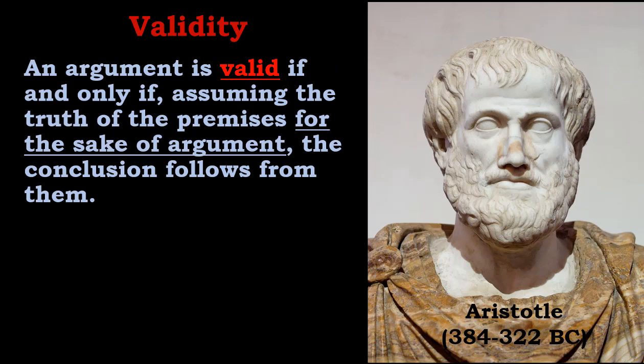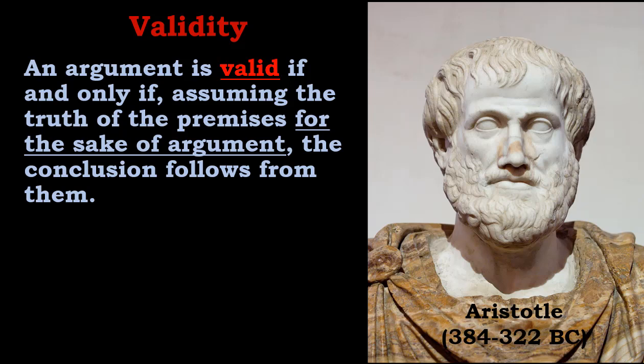And if an argument is both valid and well-grounded, the argument is sound. An argument is valid if and only if, assuming the truth of the premises for the sake of argument, the conclusion follows from them. It is very important that the premises don't need to be true.